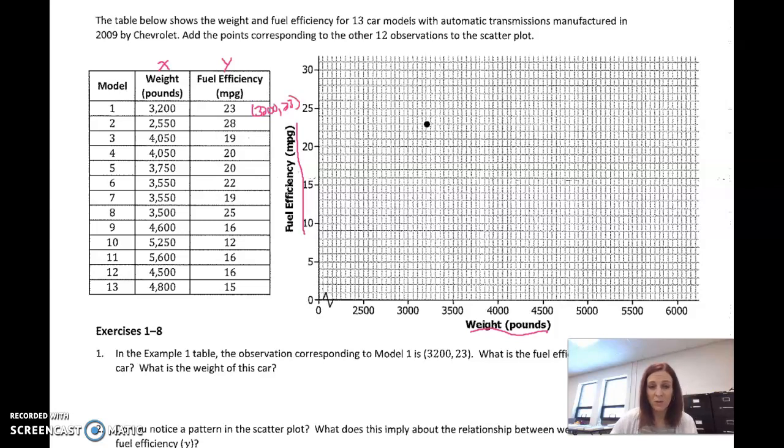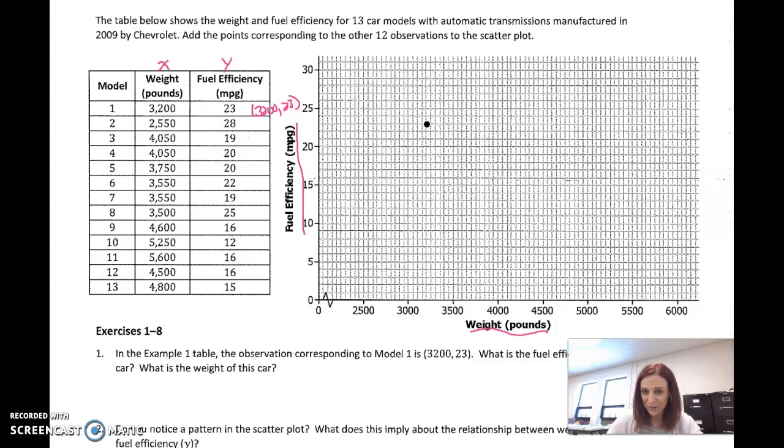Take this ordered pair, 3223. We have a bar break here, so we've compressed the graph down. There's a bunch of information from 0 to 2000, but none of these points have it, so that's why we don't include it. Our fuel efficiency goes up by 5s. So the X value is 3200.